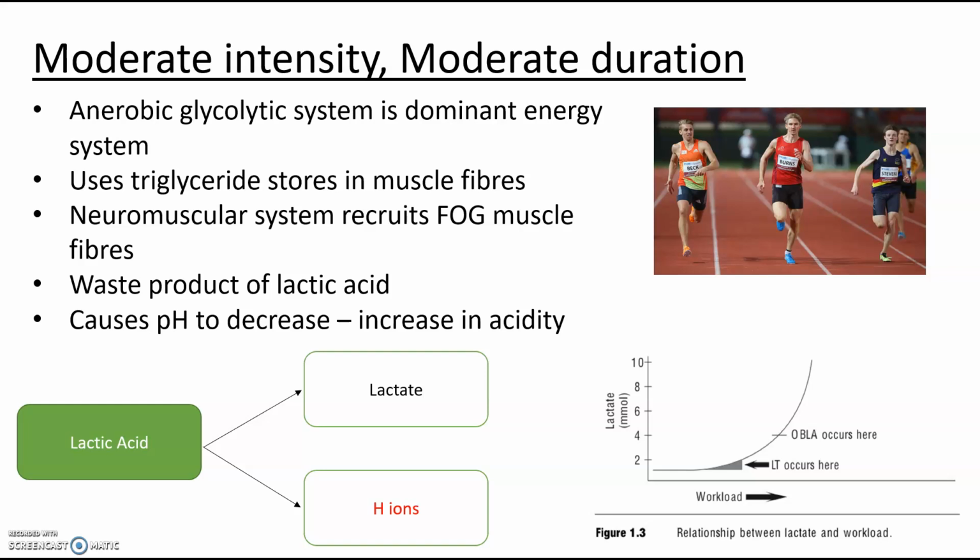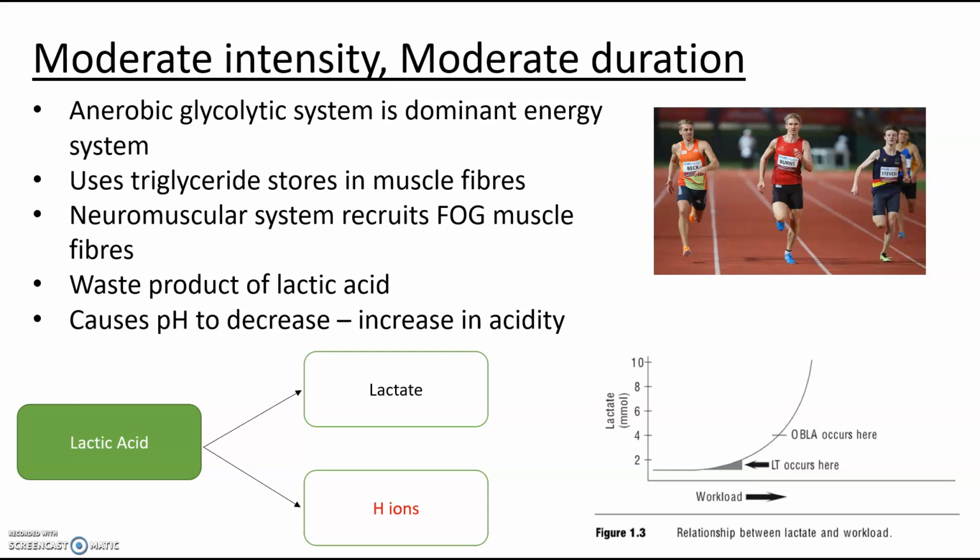This is usually seen in a 400 meter sprint, as the body is trying to work at the highest possible intensity so that the performer can get the quickest time.